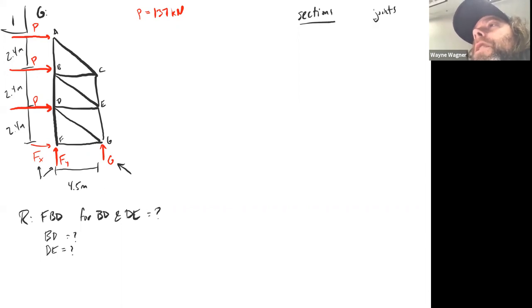Okay, and so I'm going to show you the 2 ways to solve this, and I'm going to talk about the pluses and minuses of each. Because they're kind of pushing us into doing this by sections, here are the pluses and minuses of sections, and then joints. The plus of sections is it gets right to the answer. The minus would be you have to deal with moments. Now that shouldn't be a real minus.